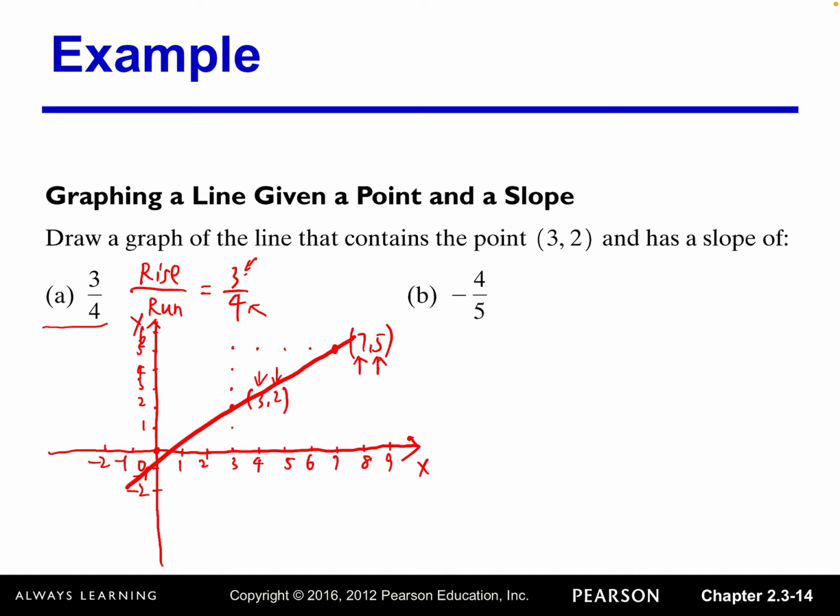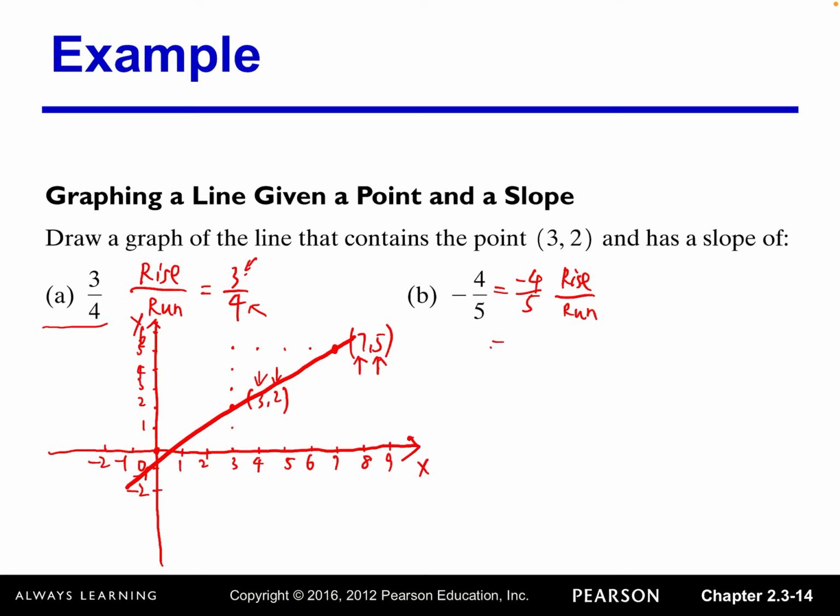Now let's look at B. B is a little different from A. The concept is the same. The only difference is now we need to deal with the negative sign. So for the negative sign, you can go with the numerator or go with the denominator. If you consider that as -4/5, that means rise is -4, run is +5.